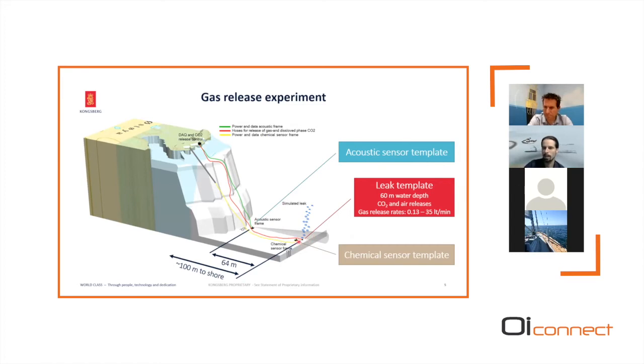The gas release had a leak template at 60-meter water depth, where CO2 and air releases took place at release rates ranging from 0.13 to 35 liters per minute. There was also an additional template with chemical sensors in the vicinity of the gas bubbles.